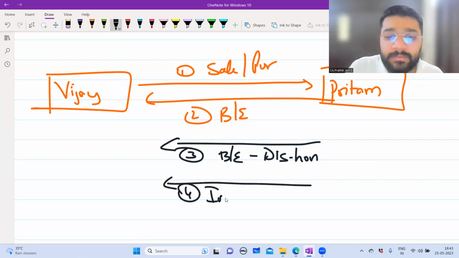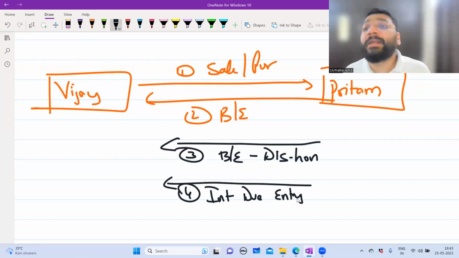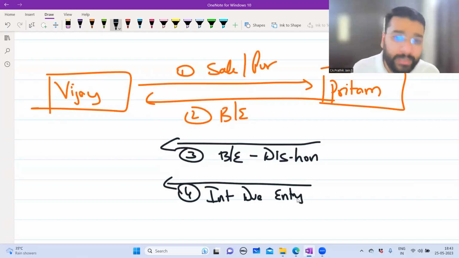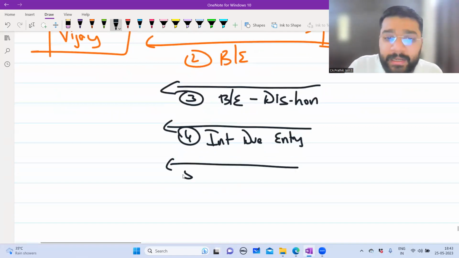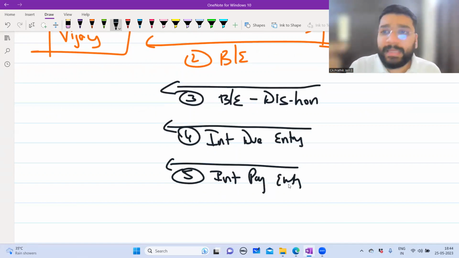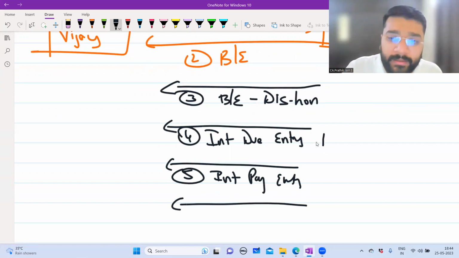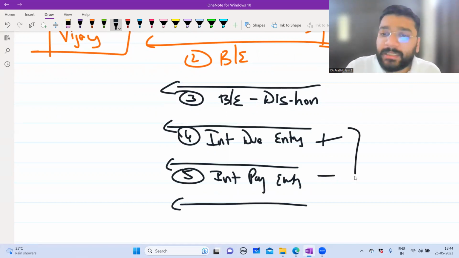Fourth is interest due entry. How much interest we have to calculate. And then immediately there is the interest payment entry. We have to go in sequence. Once interest due is calculated and interest is paid, the balance interest will become 0.